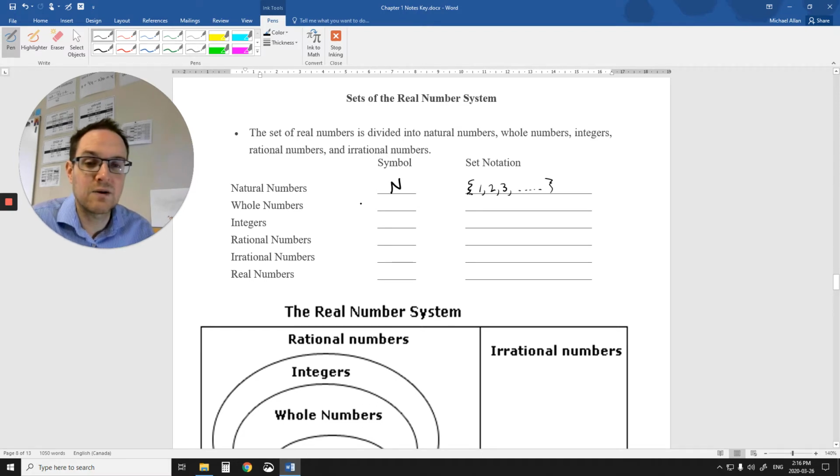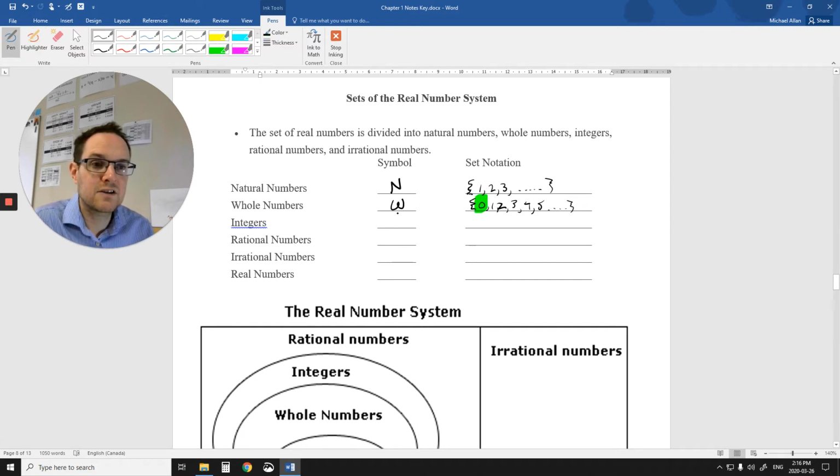So these are numbers without decimals. They don't include 0 and they don't include negative numbers. All the positive numbers from 1 up. A whole number, denoted by the letter W, is the same as a natural number, but includes a 0 this time. So that's the new piece here. Okay, so I'm just going to highlight that. So this has a 0 as well.